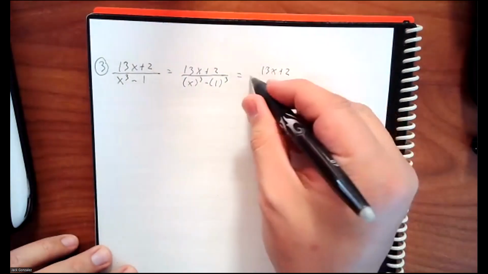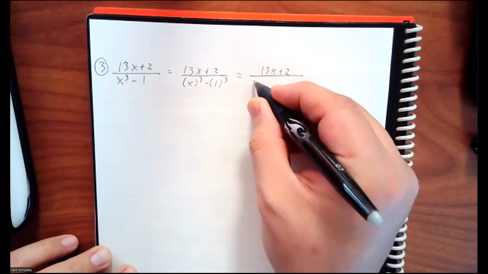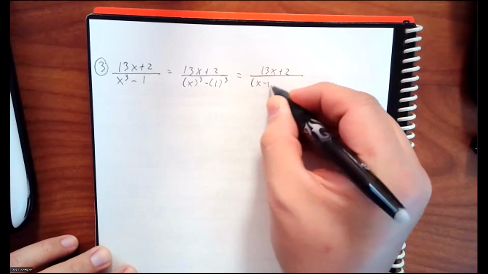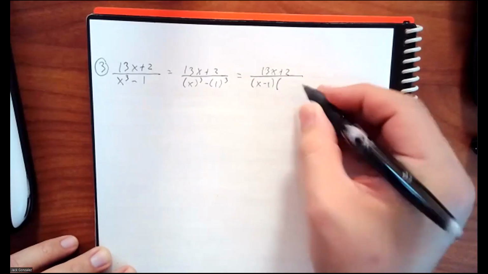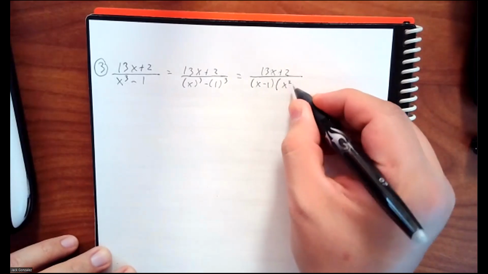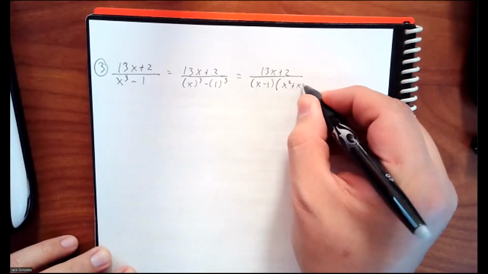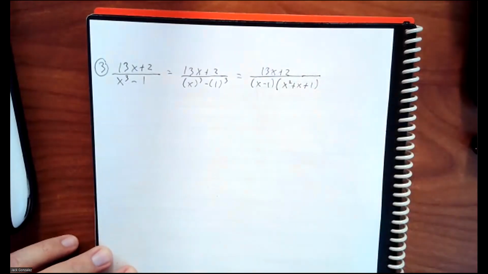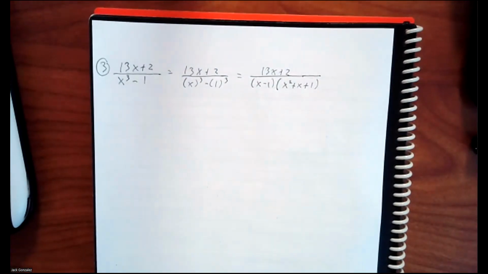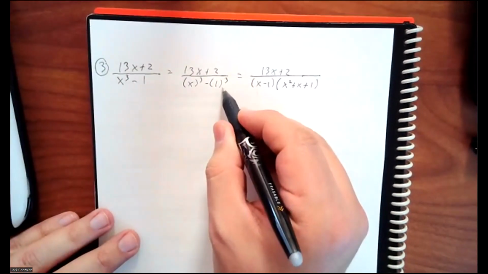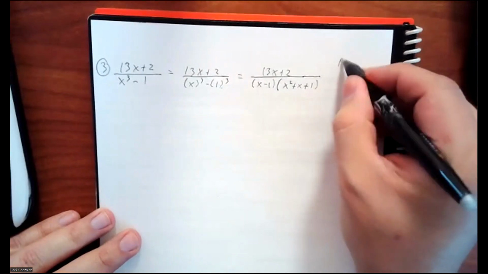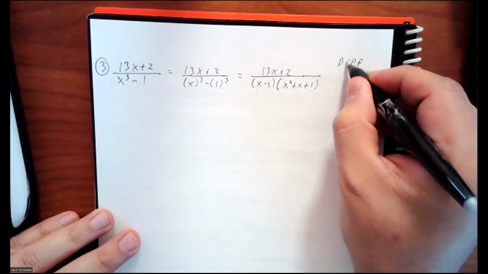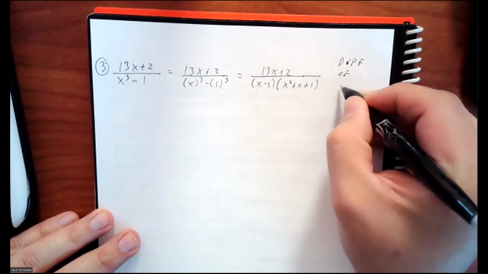That's x minus 1, x squared plus x plus 1. So we use the difference of cubes.